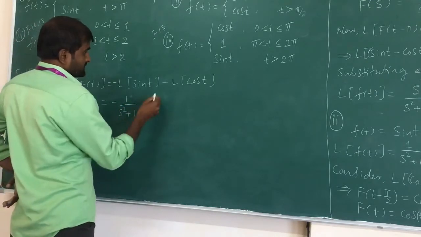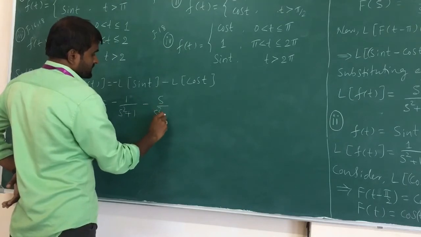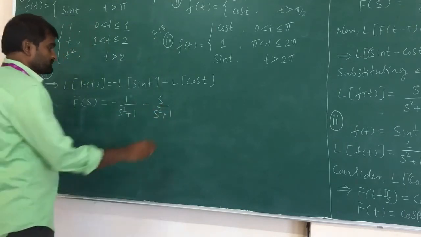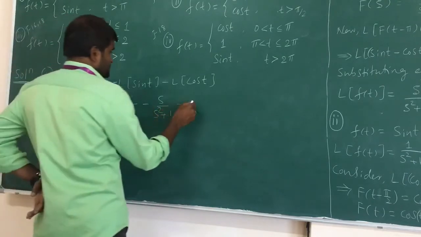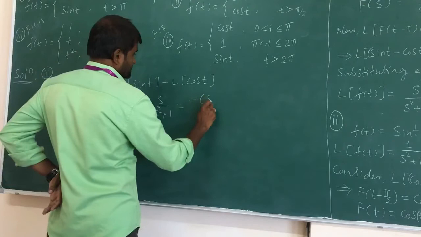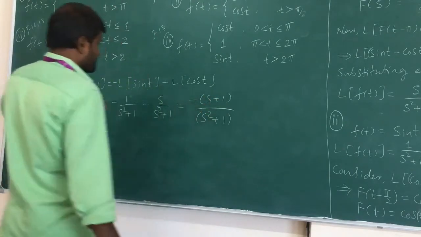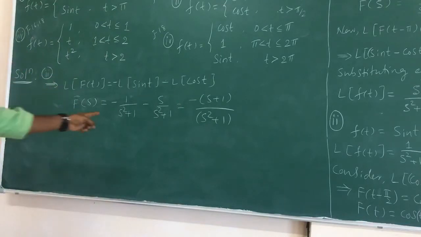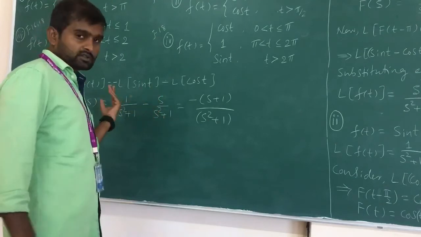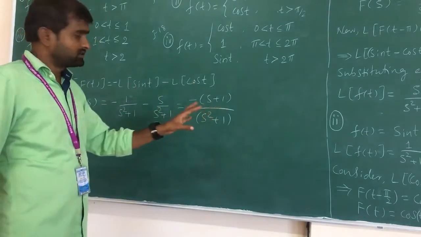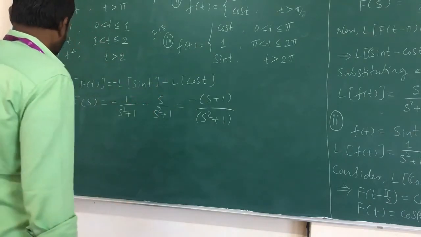Then minus, L of cos at is s by s square plus a square. So both have the same denominator. You take minus outside, this is (s plus 1) divided by s square plus 1. Clear? The LCM is s square plus 1. So minus (s plus 1) by s square plus 1, right?